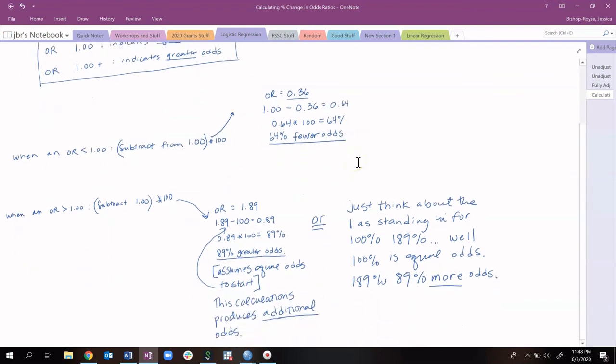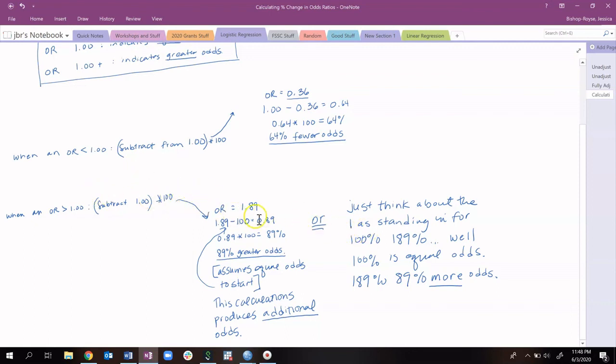If your number is greater than 1, then go ahead and subtract 1 from it and convert to percents. So 1.89 minus 1 equals 0.89, and then you just multiply that by 100 and say that's the amount of greater odds that odds ratio represents.